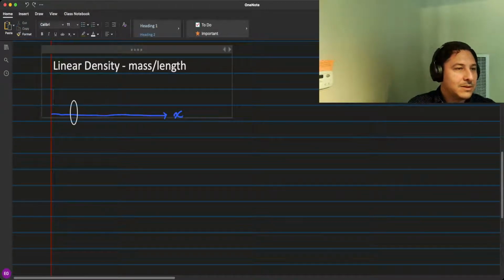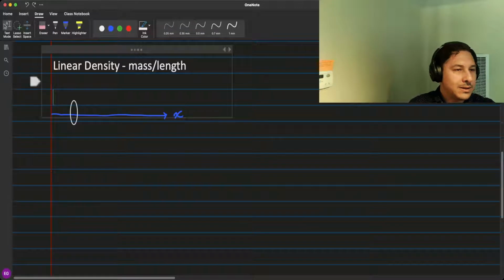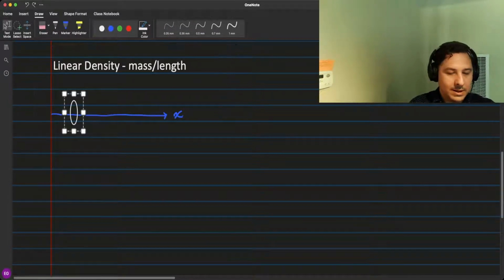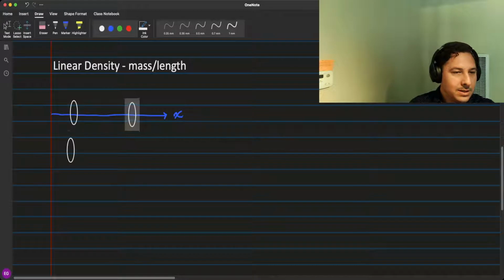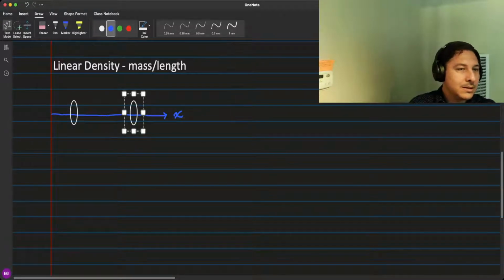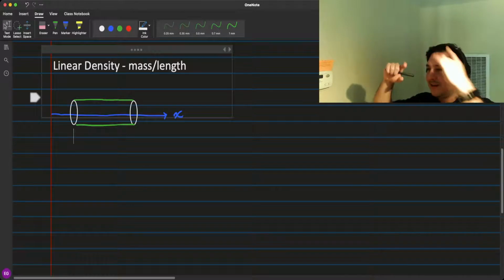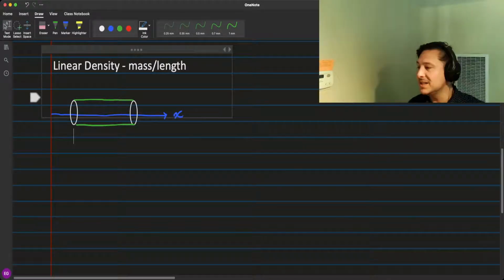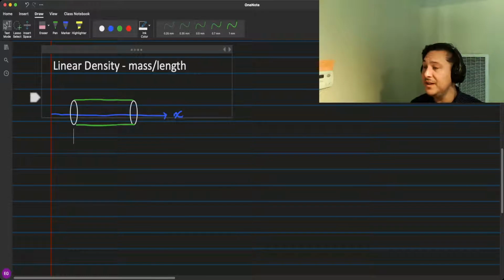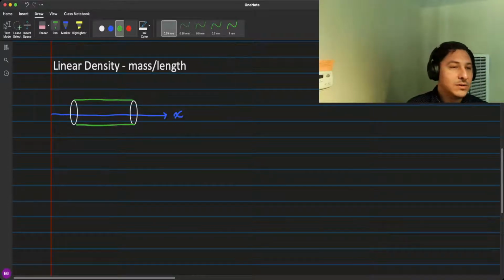Let's copy this one. Okay, here's our rod. Does that make sense? This is a little rod here. Okay, because it's a rod, let's assume that the density, so here's our assumption.